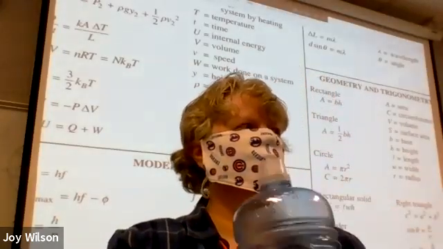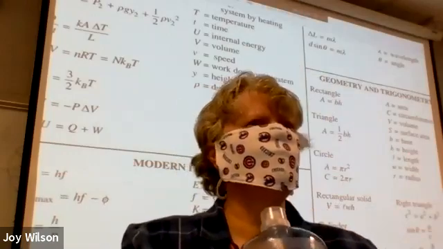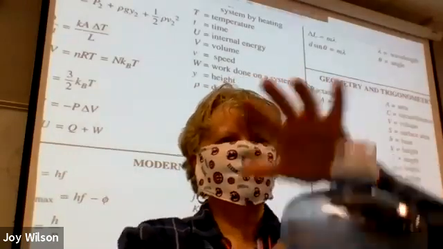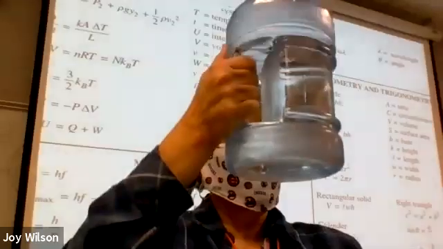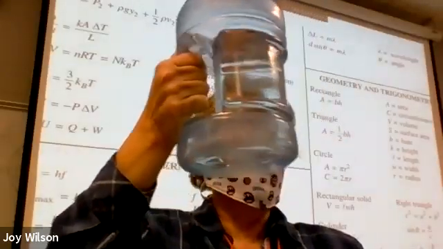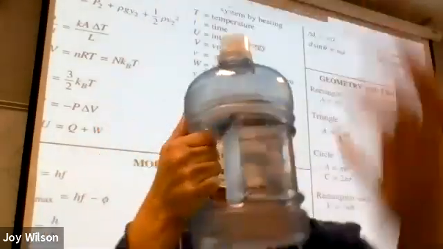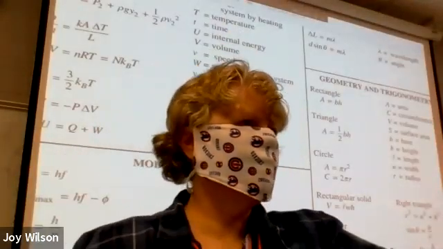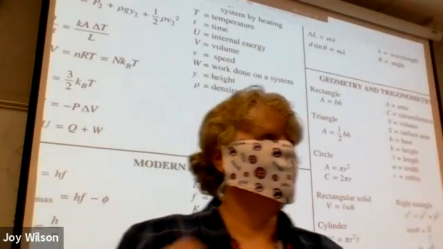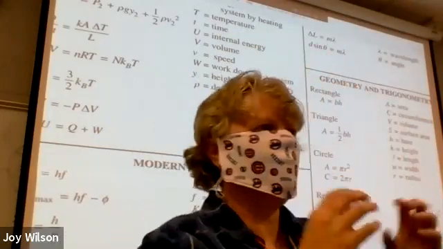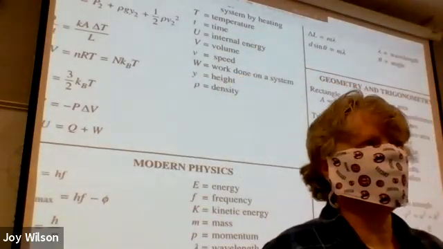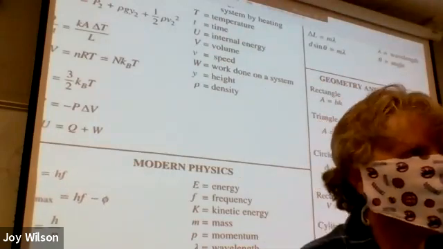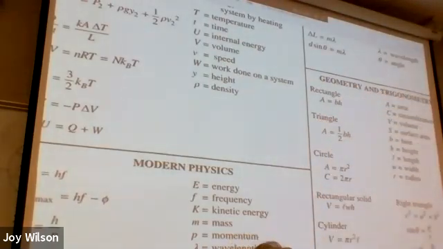And since it's internal to the object, even though they're moving and it's kinetic energy, it's internal energy for this jug of water. So we call it stored energy inside the jug of water. Okay, so delta K and delta U are the same piece of information. All right, I wanted you to see that because that's upsetting.